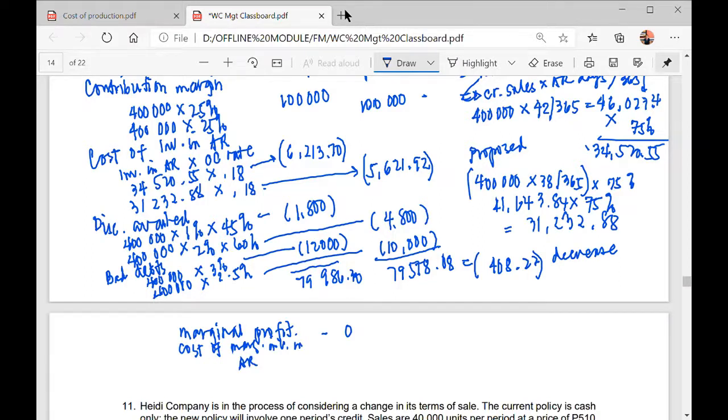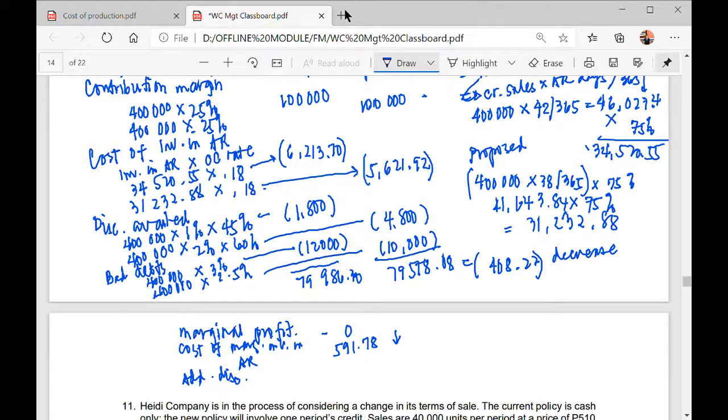So from 6,213.70 nahimo siyang 5,621.92 ni gamay. So that's a positive. Positive na siya. Ni gamay man. Kung ni taas pa na siya, that's negative. That's additional nga cost. So this is a decrease man siya. Decrease.